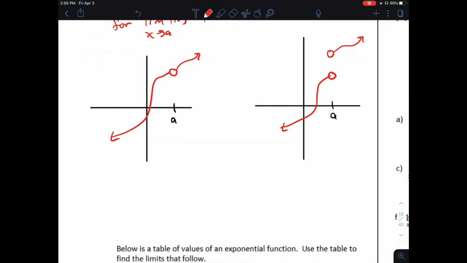So in this first one, f of a is undefined, but the limit of f of x as x approaches a does exist.